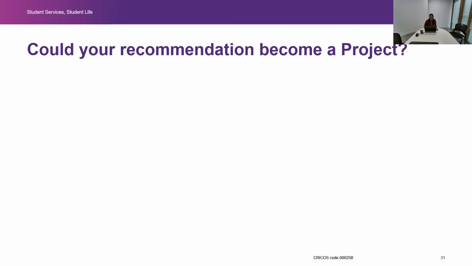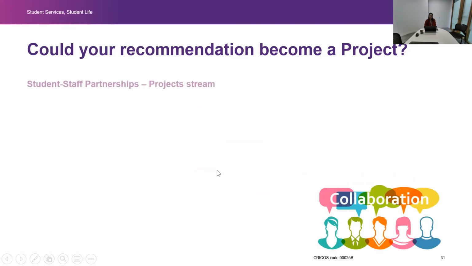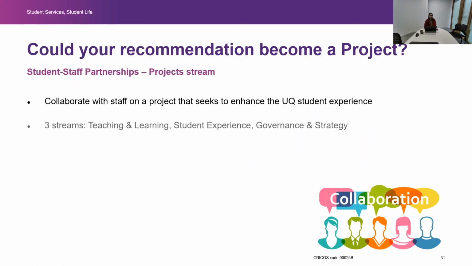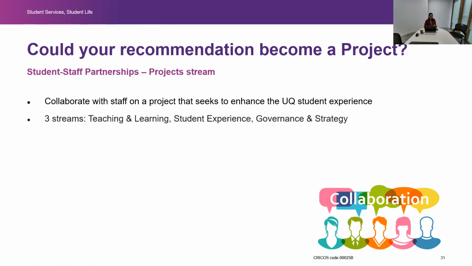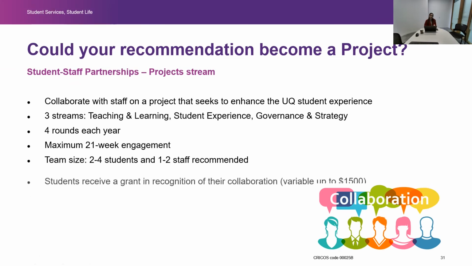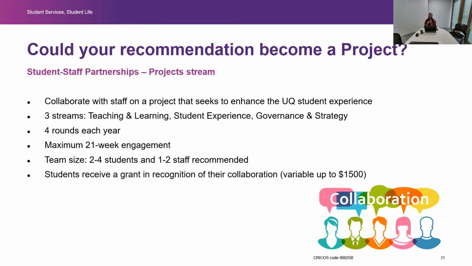Next, could your recommendation become a project? And this is to do with student staff partnerships. They have a project stream, which some of you will have heard of, some of you will have participated in. Basically, this is a platform that exists for students and staff to come together and collaborate on projects under these three streams of teaching and learning, student experience, governance, and strategy.